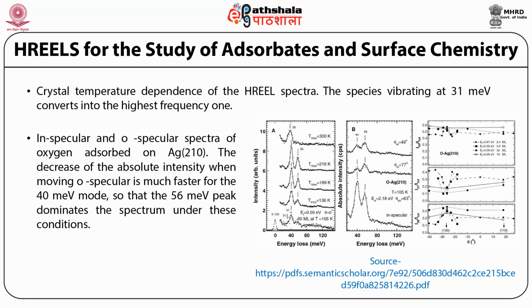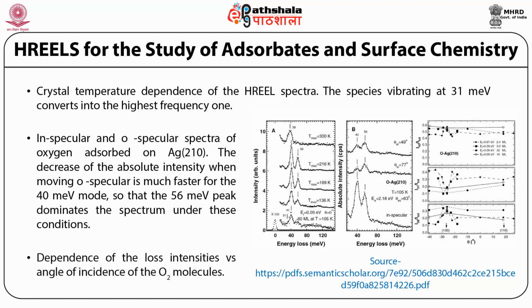And in figure C, the dependence of the loss intensities versus the angle of incidence of the O2 molecules is shown. Depending on which way the angle changes, the intensity loss can be correlated to that.